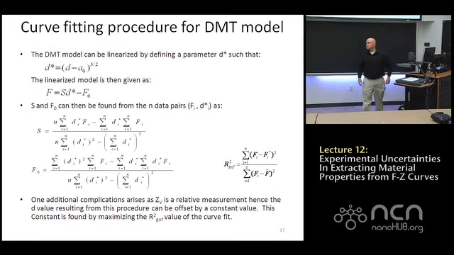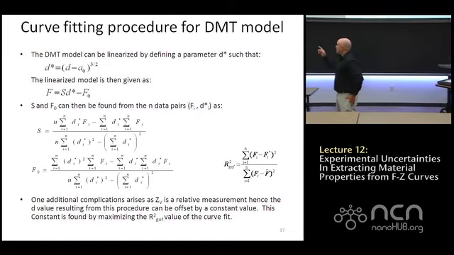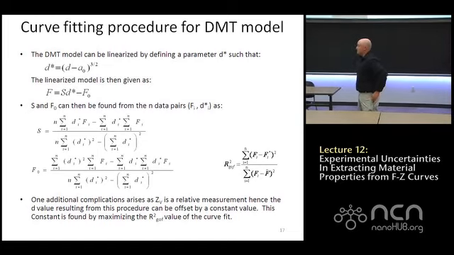Is small d a positive or a negative number? Because it seems to me it could be either. Well, for this case, obviously that D minus A naught to the 3/2 can't be negative. And that arises from the fact that DMT is a contact model. DMT itself says nothing about what happens prior to contact.